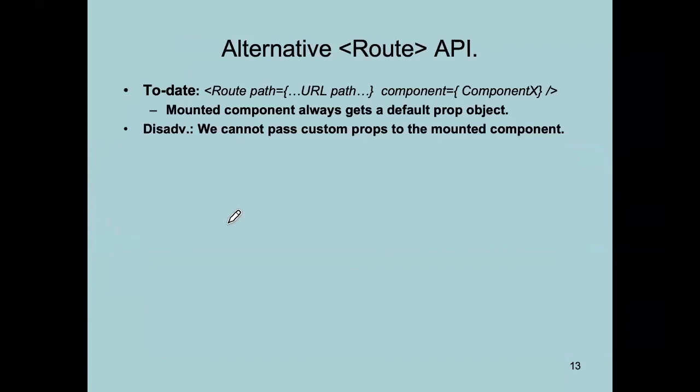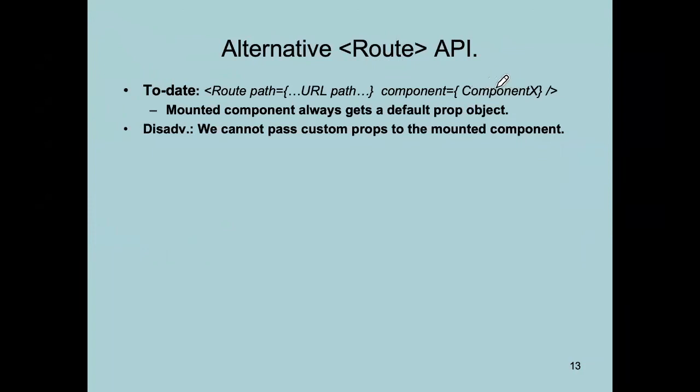Time-wise now, where are we? Okay, alternative route. Let's just cover this one, then we're finished. So the route entry in our routing configuration, the limitation with it at the moment is we cannot pass props to the component that we want to have mounted as a result of the React router making a routing decision.